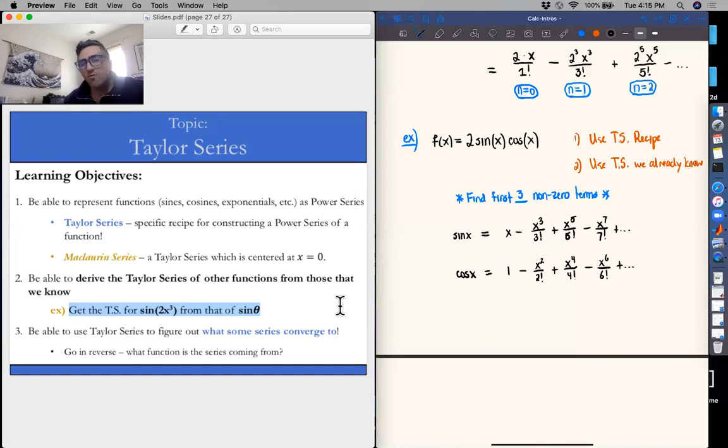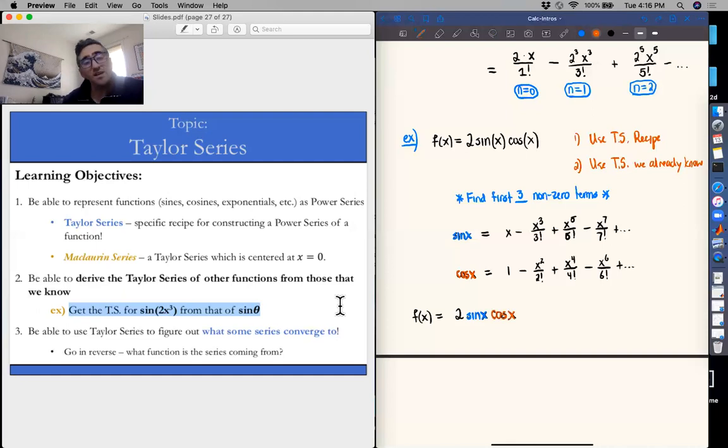All right, why are we going with this? Well, we have our function that we're interested in finding its Taylor series representation, or its first 3 terms, which is 2 times sine times cosine. Well, we know the Taylor series for sine, and we know the Taylor series for cosine.